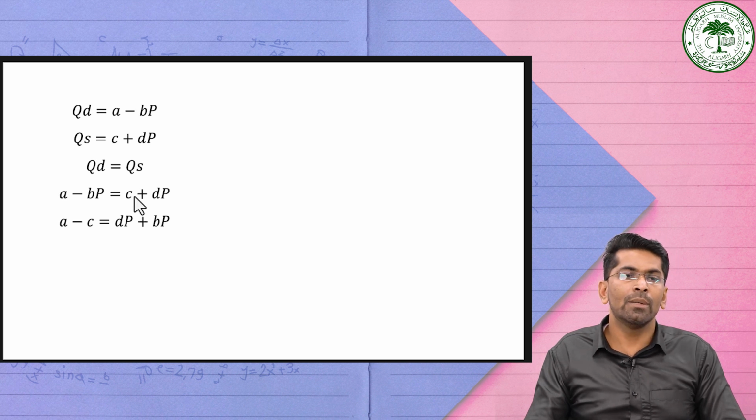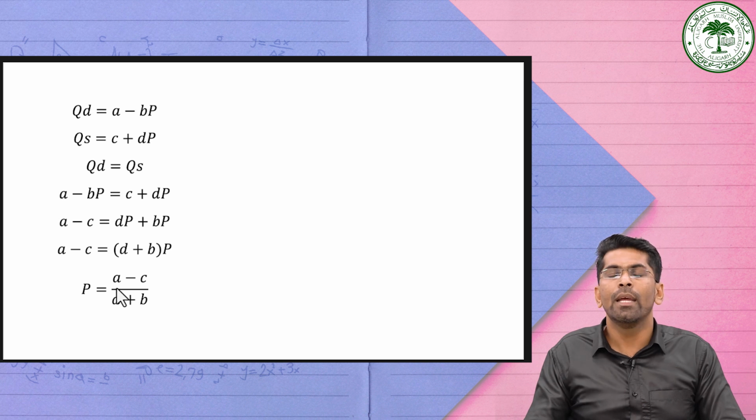The constant term is C, so taking it to the left side it is A minus C, and we have DP, taking the minus BP to the right-hand side, so it is plus BP. Here P is common, so taking P outside, we have D plus B times P. Then isolating P, dividing by D plus B, it goes to the denominator side, so P equals A minus C divided by D plus B. This is the market price, or the equilibrium price.